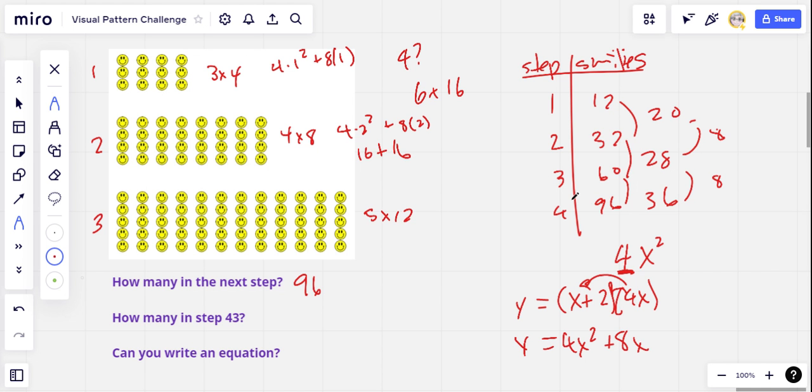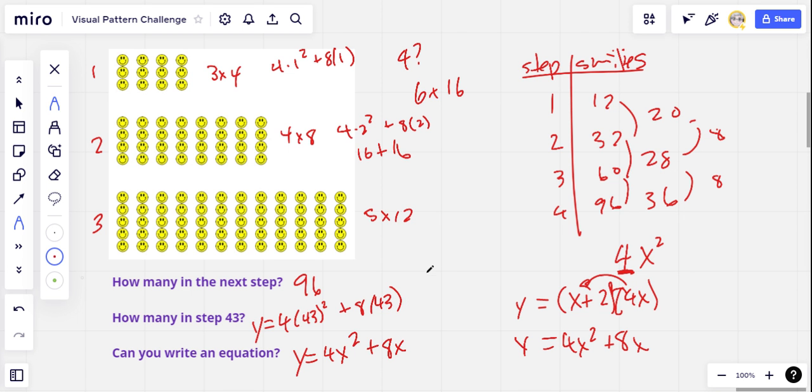Go ahead and check this with the other steps we've got here if you'd like to verify it, but I'm satisfied that we've got a good equation here, and it's y equals 4x squared plus 8x. This is going to give us a pretty big number for the number of smileys in step 43, but we can calculate that. We can plug in step 43 here for x. So y equals 4 times 43 squared plus 8 times 43.